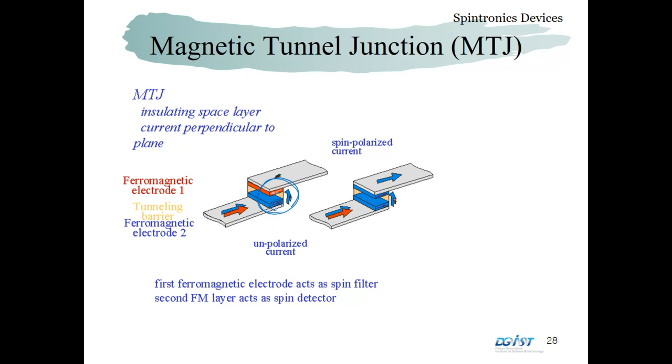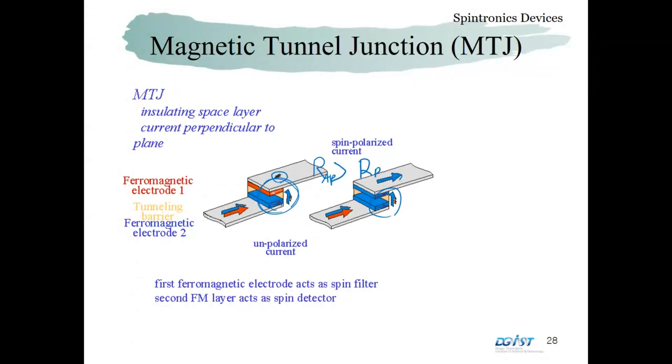But if you pass through this red layer, which has the opposite direction to the bottom layer, then the current is smaller. But if we have a parallel configuration, this blue spin can easily pass through this tunneling junction. So the resistance of the parallel configuration is much smaller than the antiparallel configuration.